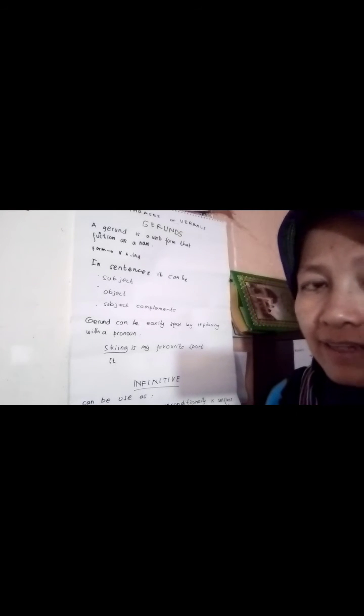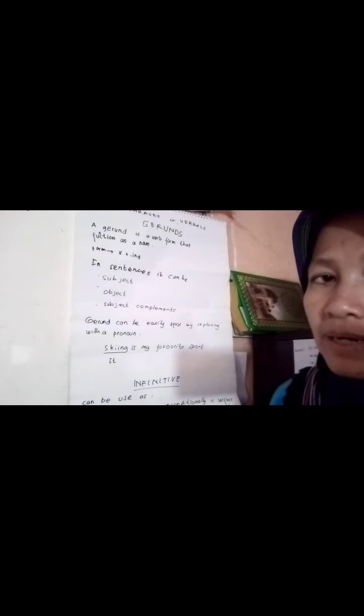A gerund is a verb form that functions as a noun. In a sentence, it can be subject, object, or subject complement. A gerund can be easily spotted by replacing it with a pronoun, since it acts like a noun. So we can replace it with the pronoun it. The example is: skiing is my favorite sport. We can replace skiing with it, and it does fit the flow. It is my favorite sport.